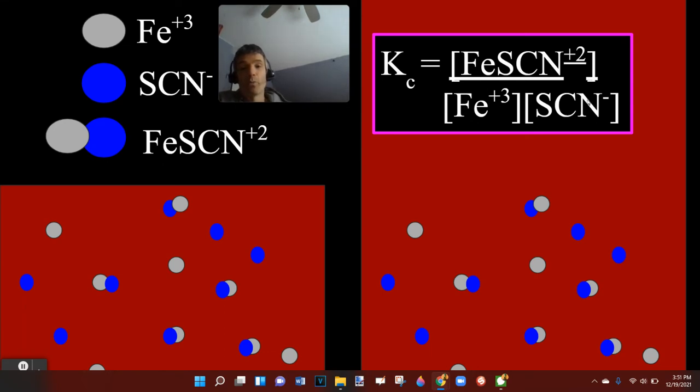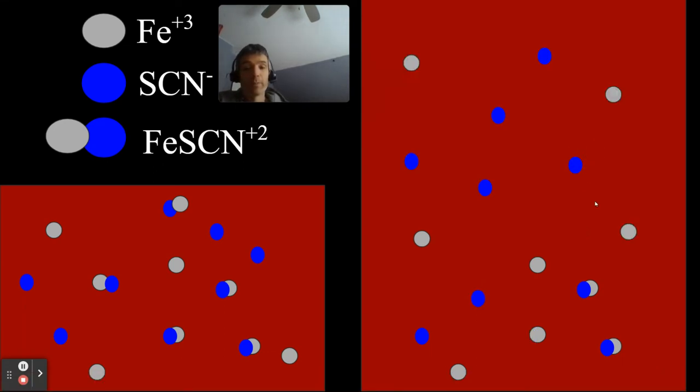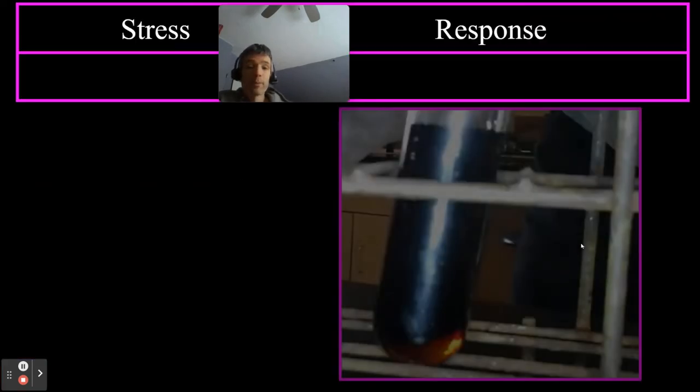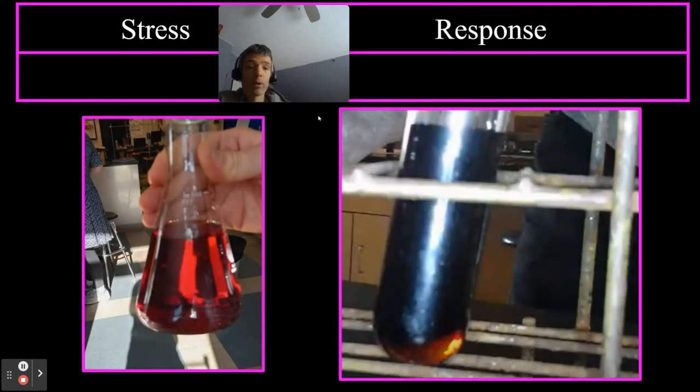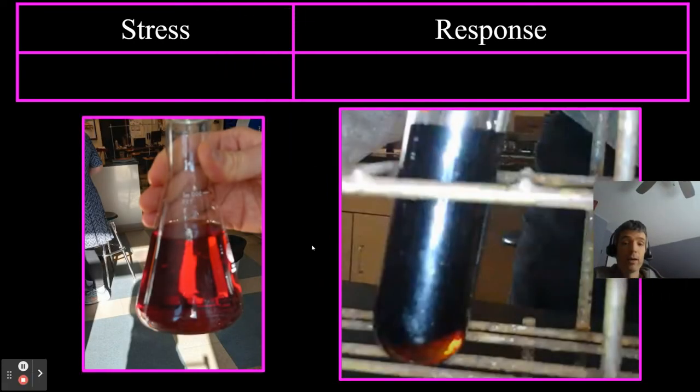Therefore, the system is going to want to make more of these species. It's going to want to spread everything out and make more of the dissolved aqueous species.